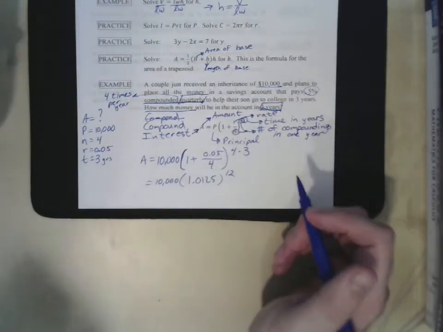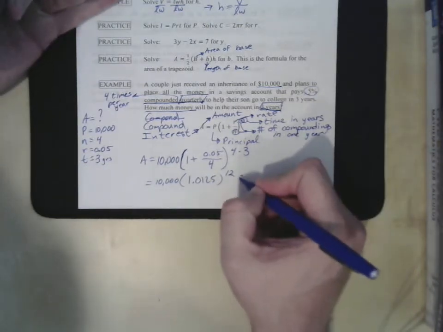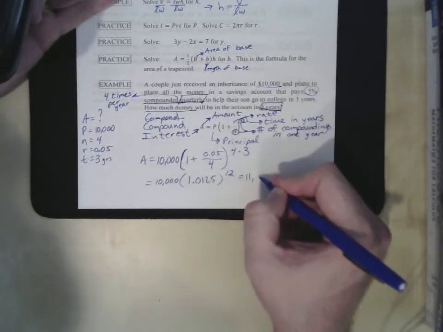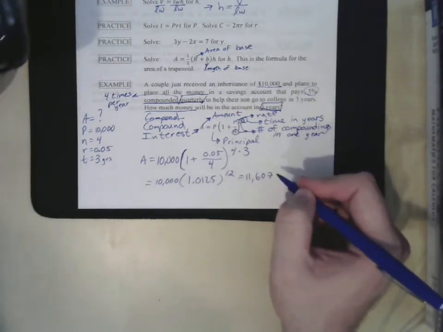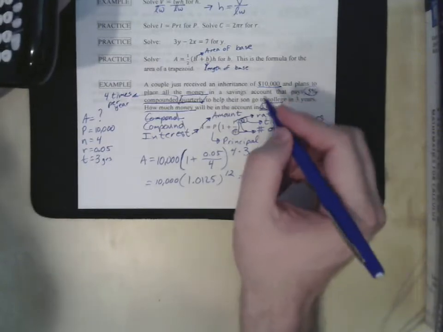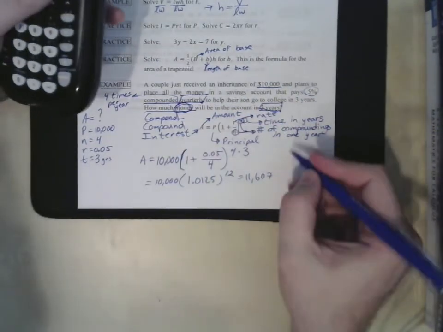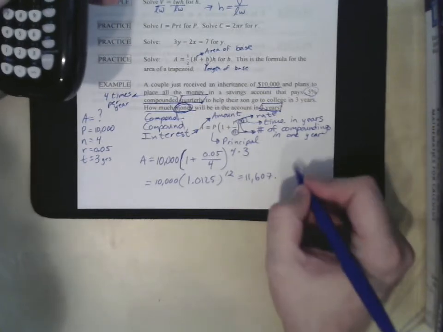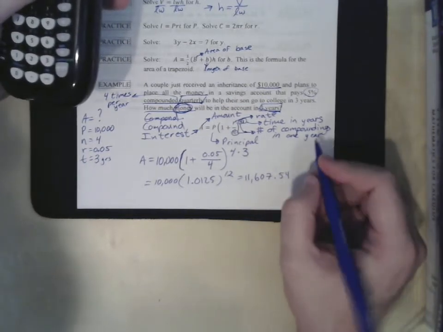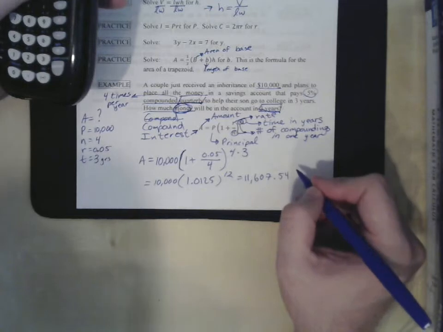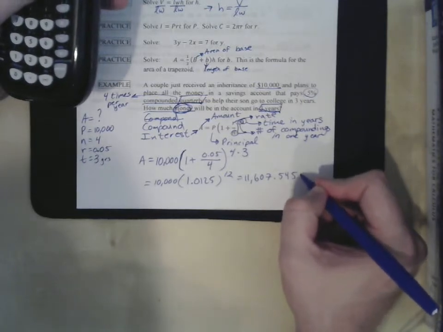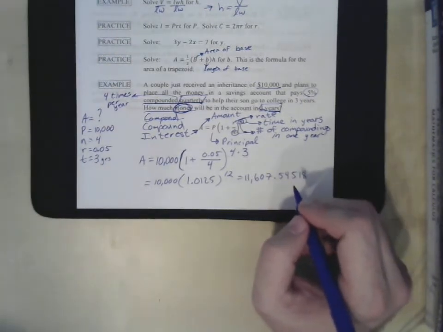And we get 11,607, and then a bunch of decimals. So we always want to remember, when you're dealing with money, we round to the second decimal place or the hundredths decimal place. So this is 4518. That's what I got on my calculator.